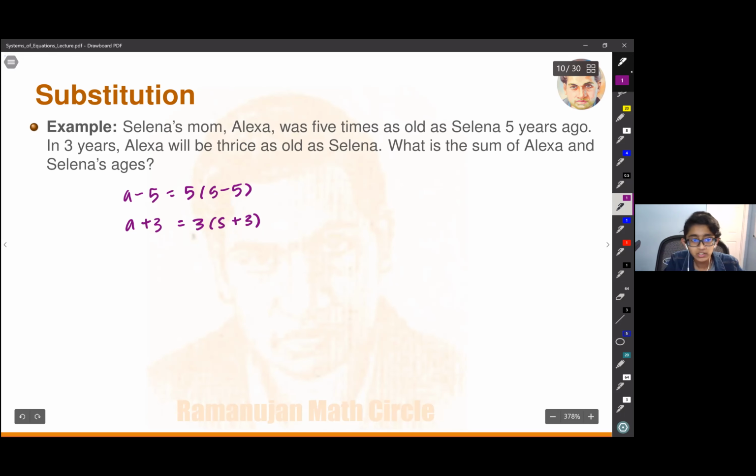Okay, so now we're going to use substitution. And one thing I want to make sure is clear is that we have the 5 multiplying with the entire S minus 5. So we're going to multiply this out completely. So this is 5S minus 25 is equal to A minus 5. And we're going to do this for the second equation as well. We're going to let this expand to 3S plus 9.